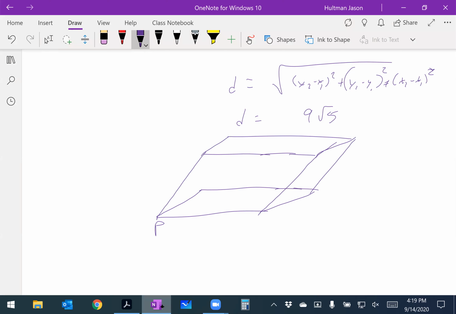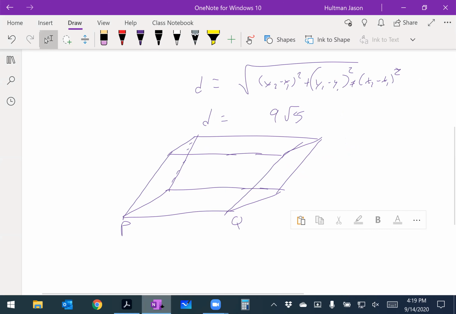So there's my parallelepiped. And so we've got PQ, PR, and PS. I'll do S over here, and I'll do Q, I'll do R here.